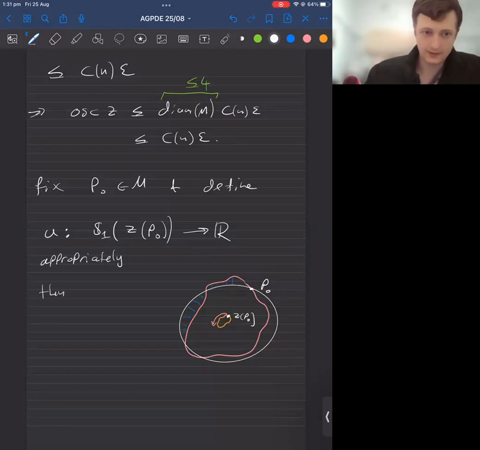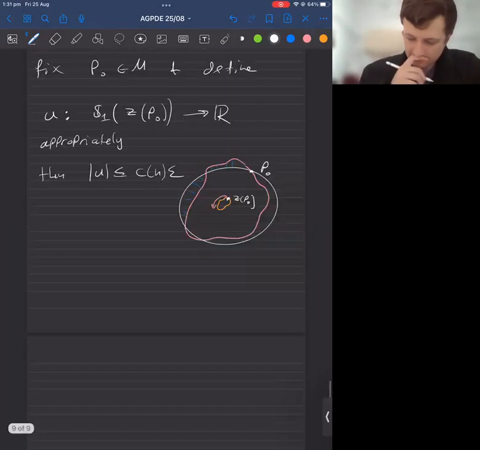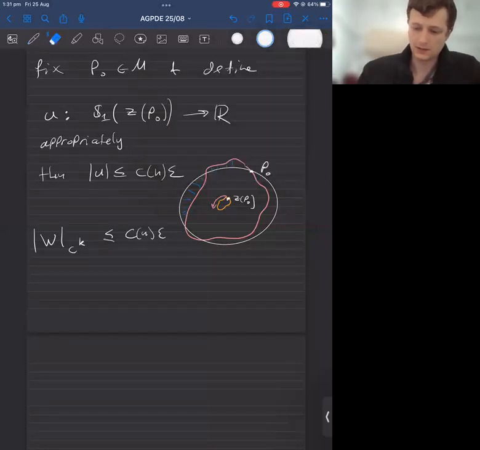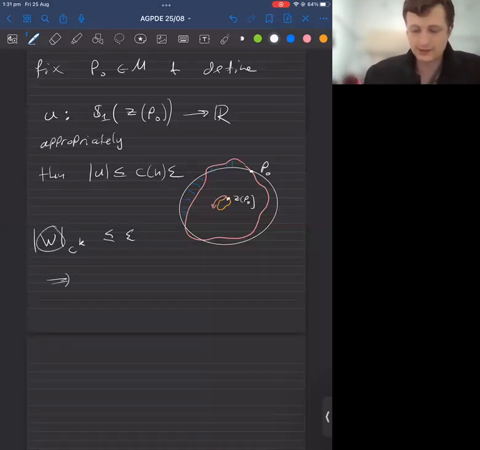Then U has a C0 bound. And then the other derivatives, well, this is going to come from our bounds on W. So we have a C^k bound on W. And then W is like second derivatives of U, so to speak.